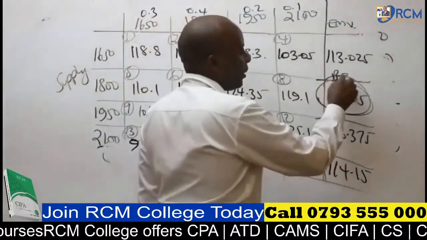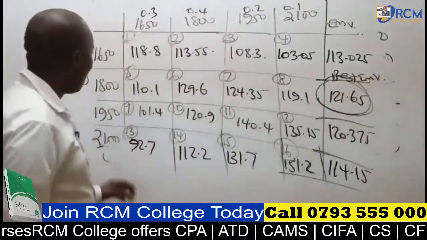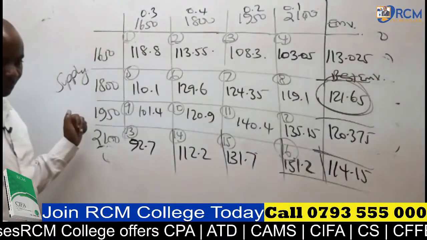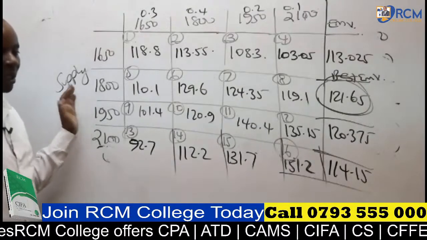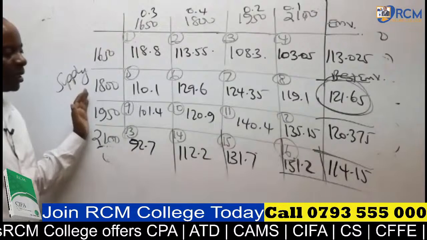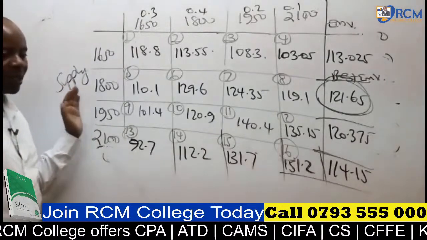This is the best EMV. And then we'll have to ask these people to sell how many bracelets? 1,800 bracelets. The company should sell 1,800 bracelets.